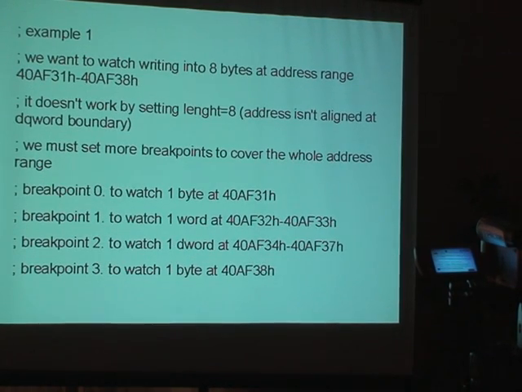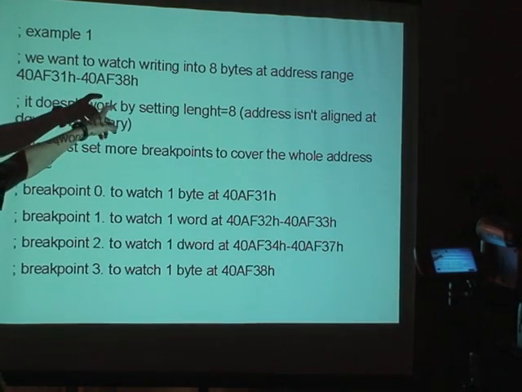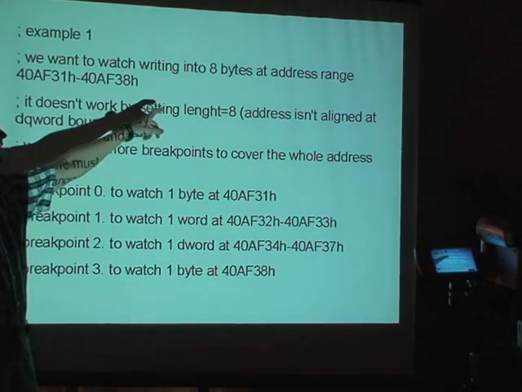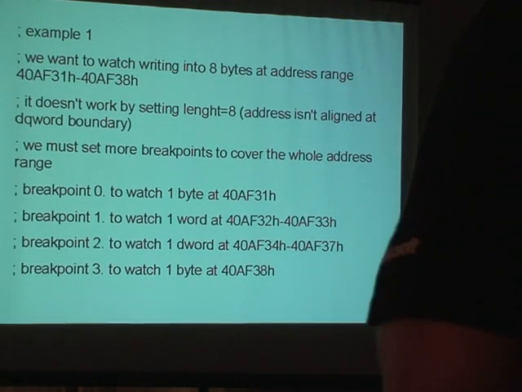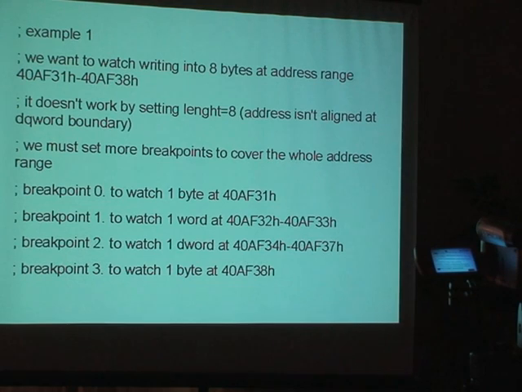This is another example. This is only because I told you that we must take care of aligning. If we want to watch writing into 8 bytes at this address range, we can't set only one breakpoint of the size of a quad word.